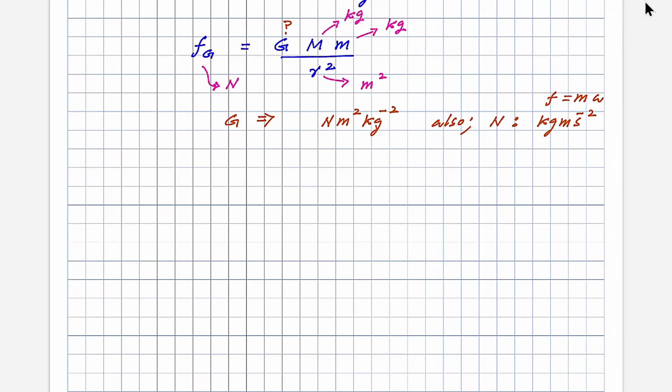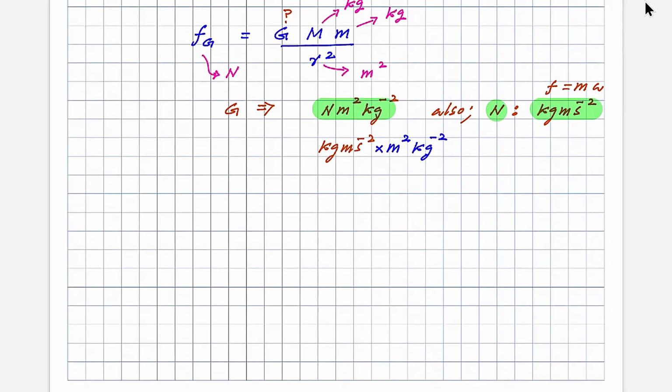Now I substitute for it. m and m squared gives m cubed. kg with kg to the minus 2 is kg to the minus 1.